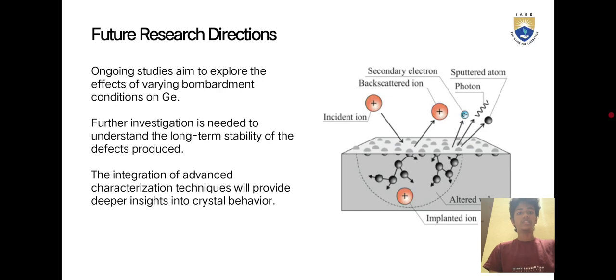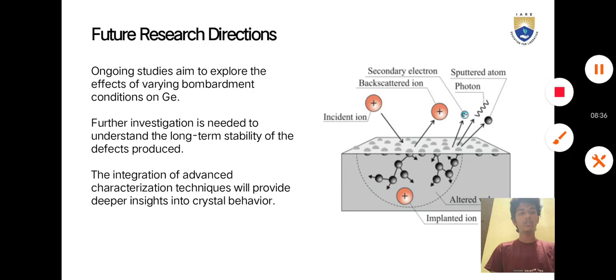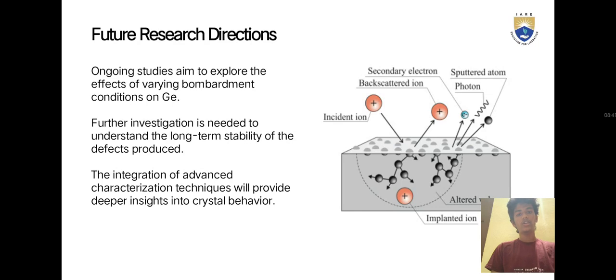Future research directions. This is very important for our lives. Ongoing studies aim to explore the effects of varying bombardment conditions on germanium.